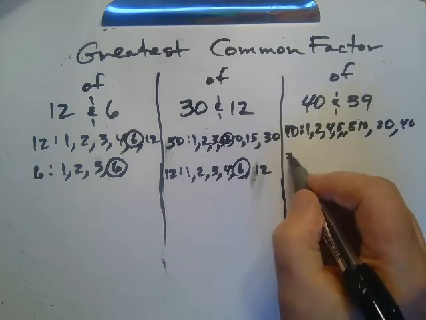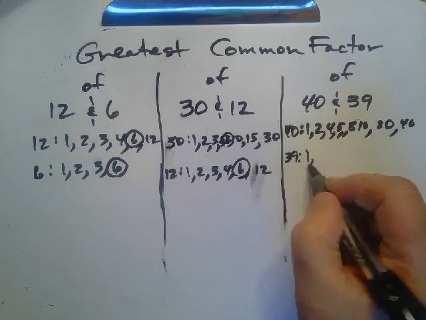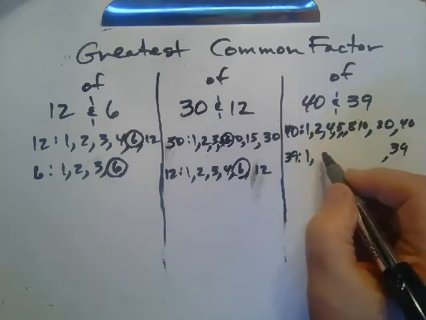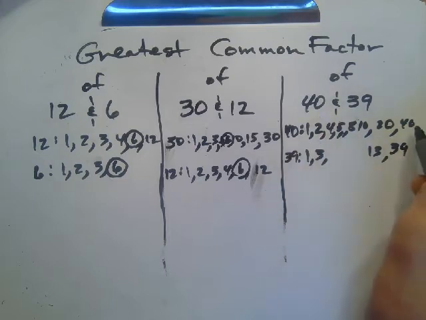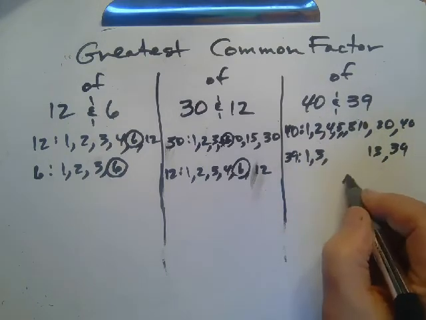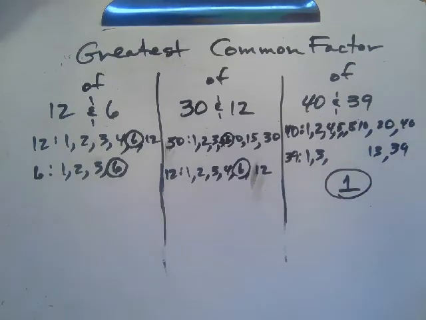Then 39: 1 goes in 39 and 3 goes in 13. It turns out that none of the factors here are in common. So the greatest common factor here is 1. Sometimes it's 1, or you could just say that they're relatively prime to each other.